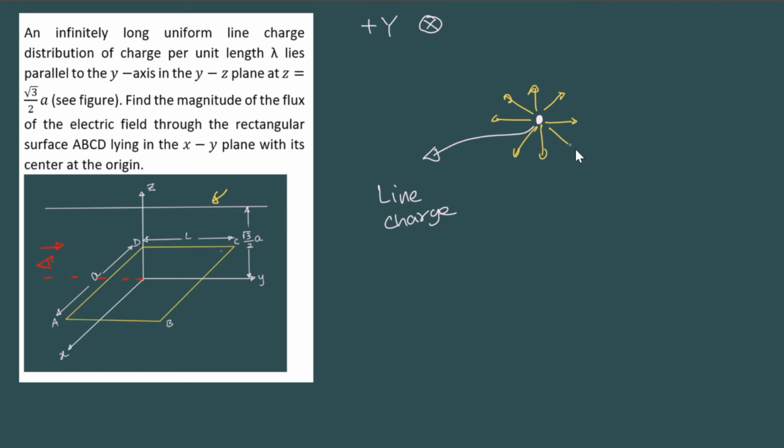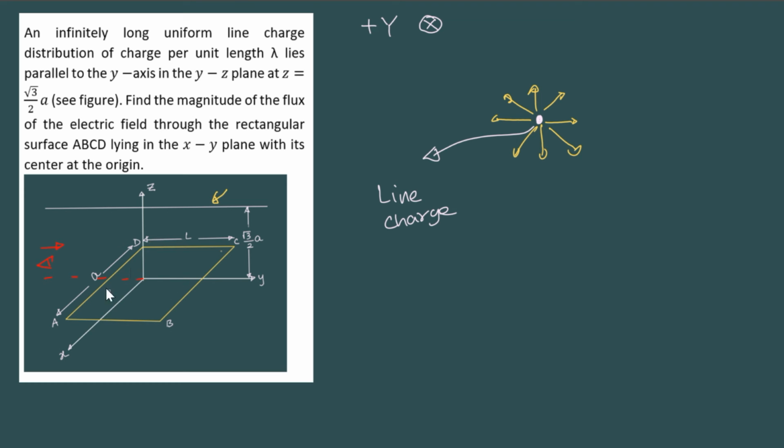And we want the flux of this electric field through a rectangular region. Now, if I am looking along the positive y-axis, how will I be looking at this rectangle? I think this rectangle will just look like a line. I'll be looking at only this section DA.